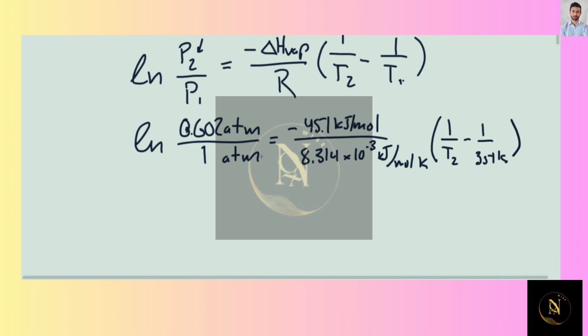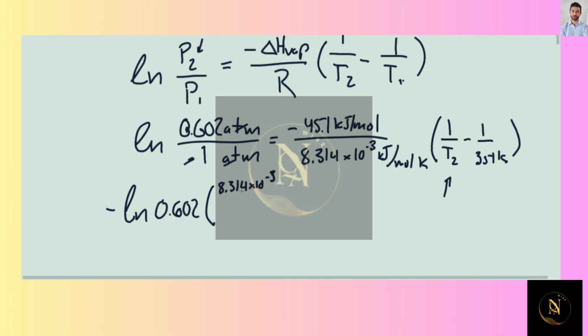Okay, at this point, we've just got to solve for T2. So essentially, we're going to have this ln, and the 1 and the atmospheres will cancel. So this is just the natural log of 0.602. And then we're going to multiply by R and divide by the negative of delta H vaporization. So we'll get 8.314 times 10 to the minus third.